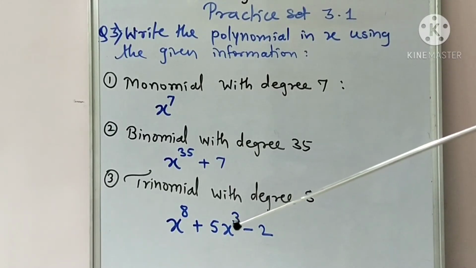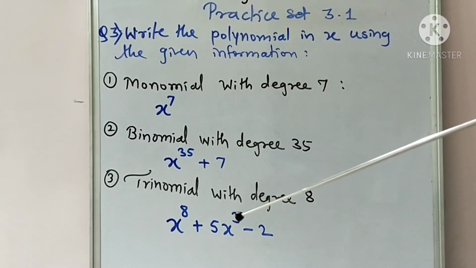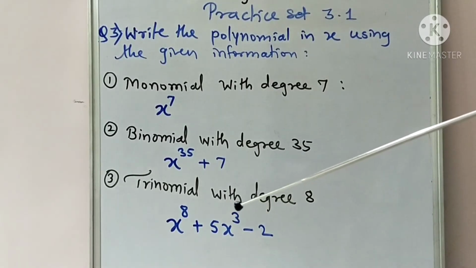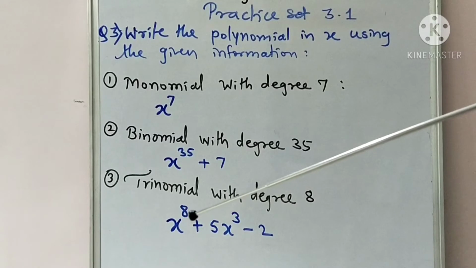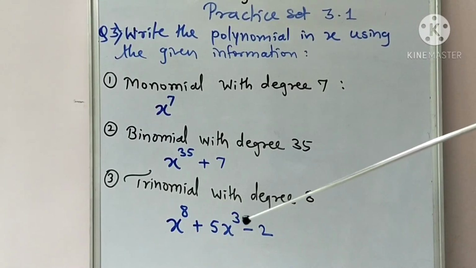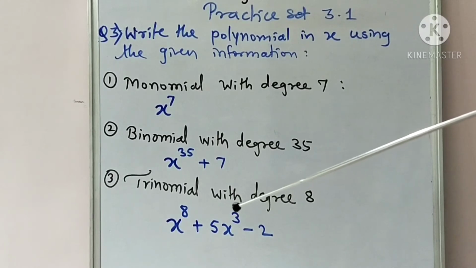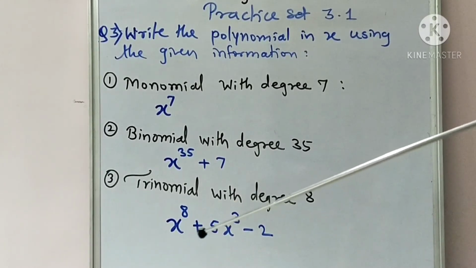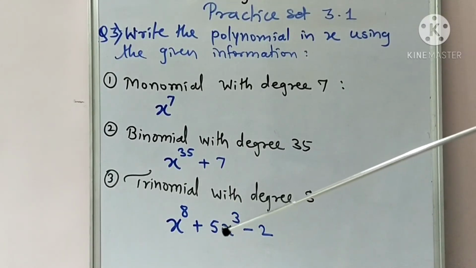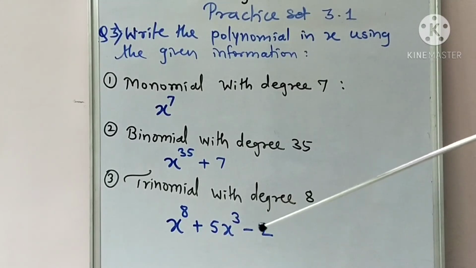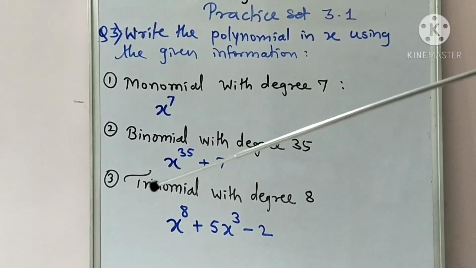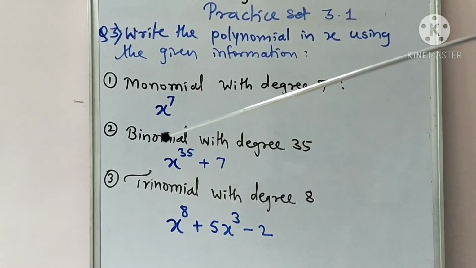But do not take the second term's power also as 8. Like x raised to 8 plus 5 x raised to 8 minus 2, because suppose you take the second term's power as 8, then these two are like terms. So addition is what? 6 x raised to 8 minus 2, means it's not a trinomial, it's only a binomial.